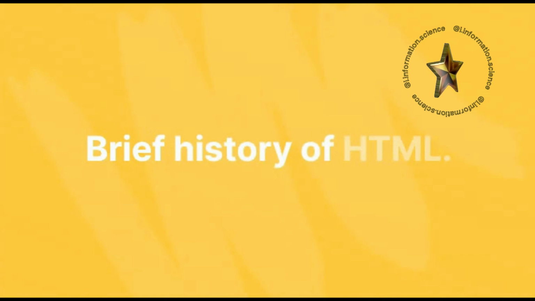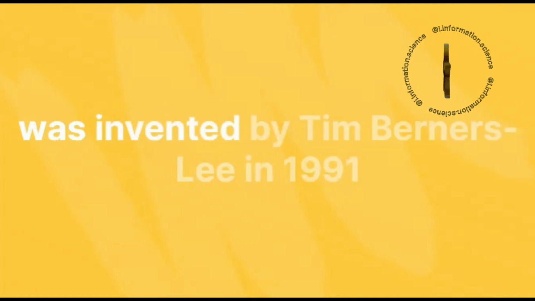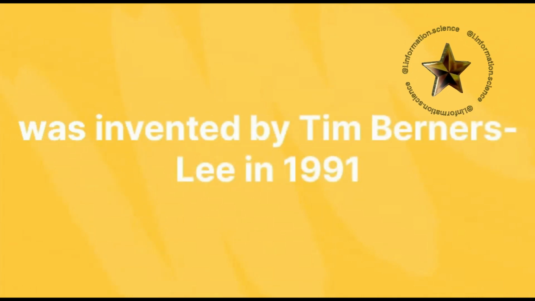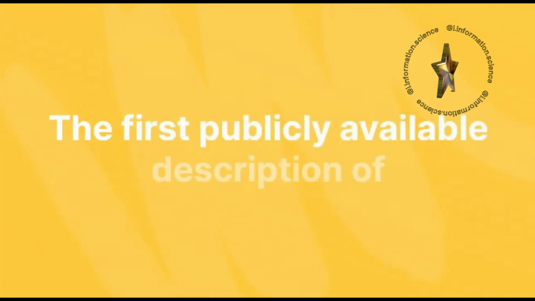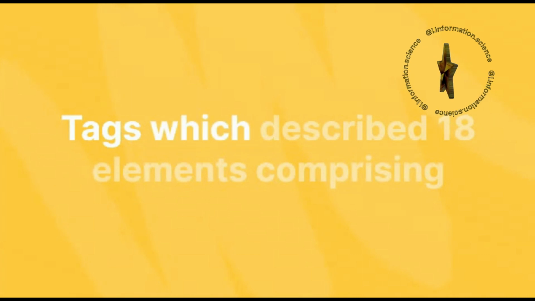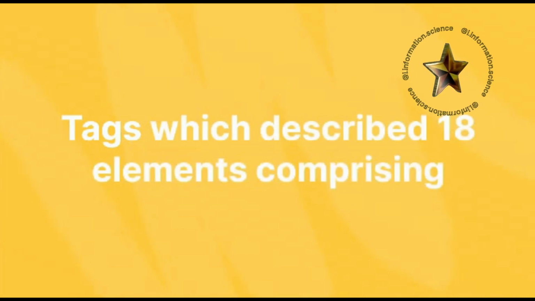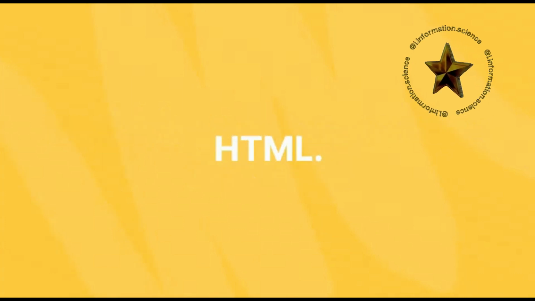History of HTML. HTML, Hypertext Markup Language, was invented by Tim Berners-Lee in 1991 while working at CERN. The first publicly available description of HTML was a document called HTML Tags, which described 18 elements comprising the initial, relatively simple design of HTML.